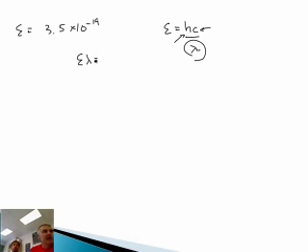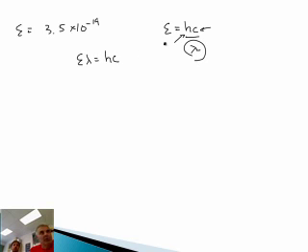I have some equations. E is equal to HC over lambda. But I know H and I know C because those are constants. So if I want to find the wavelength, I can cross multiply. So E lambda is equal to HC.